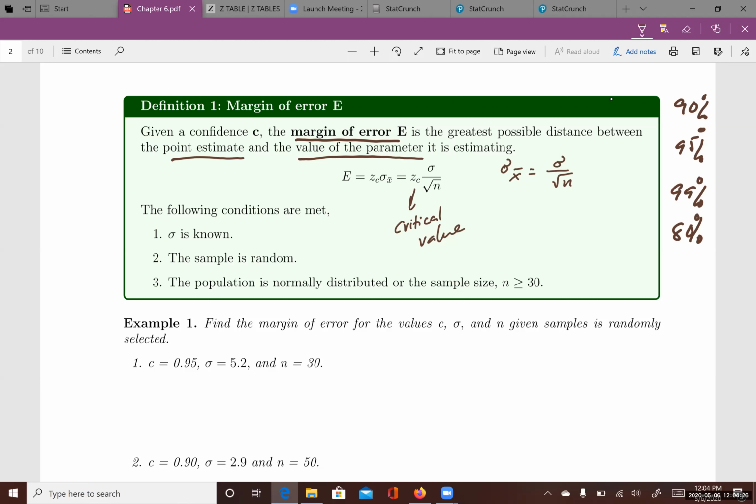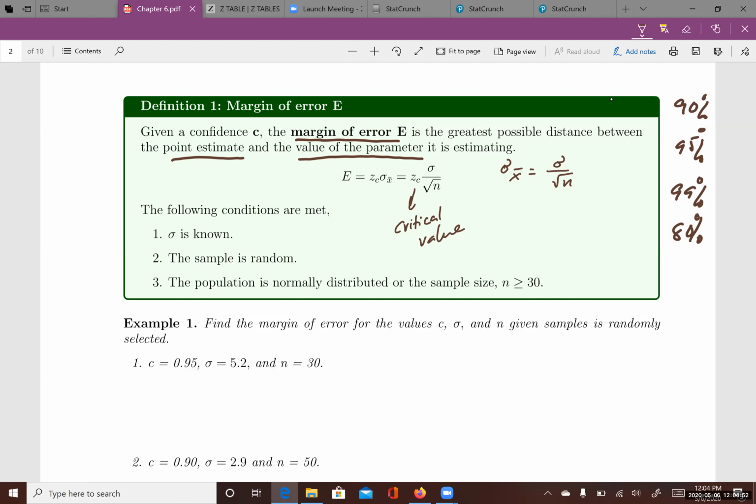So you can use this formula to find the margin of error E with the following conditions. First, sigma is known, which means you have to have the information of your population standard deviation. Second, the sample is random. You have to pick a random sample.